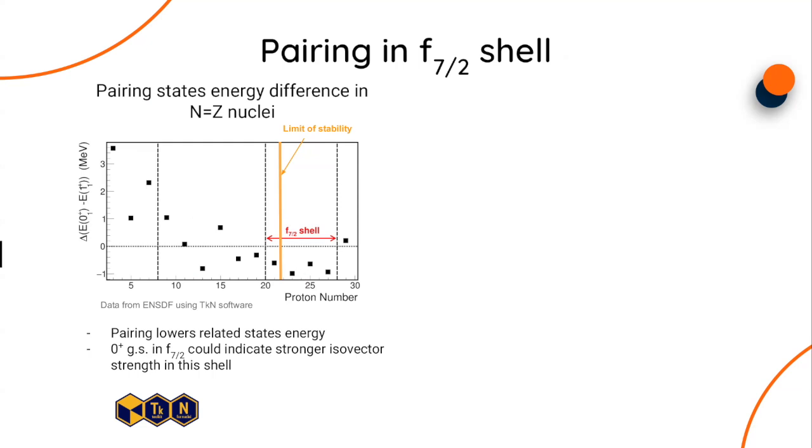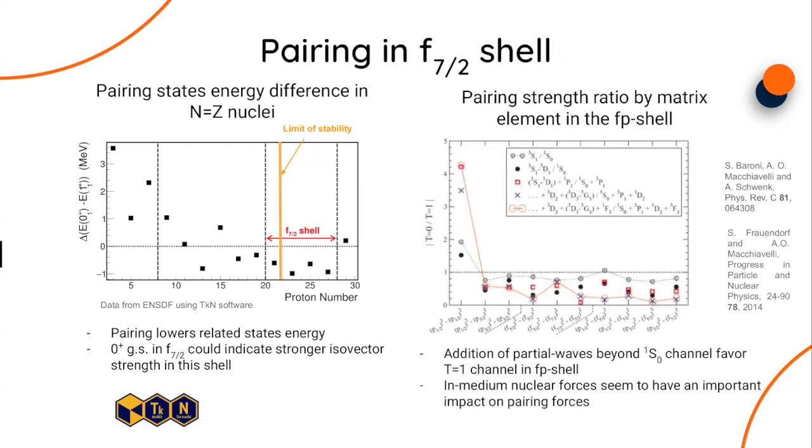This is also predicted in some calculations. Here I'm showing results from papers that look at the pairing strength ratio by matrix element in the FP shell. The value you see is a strength ratio between isoscalar and isovector. If it's above this line, isoscalar is stronger, and below the line, isovector is stronger.